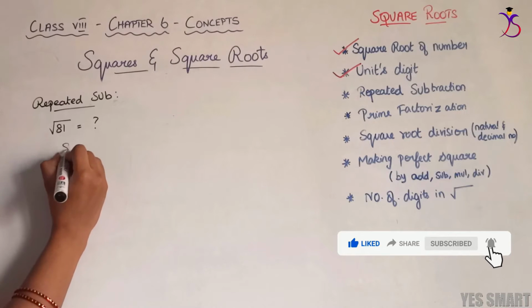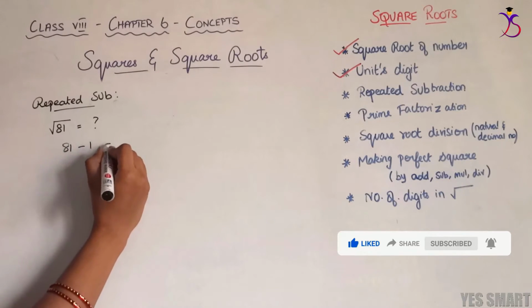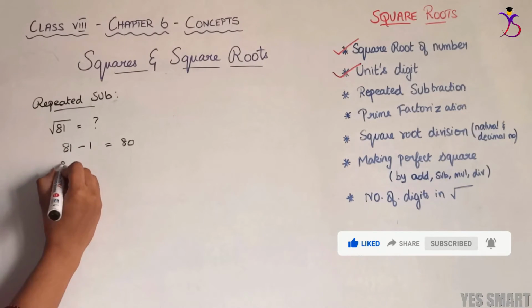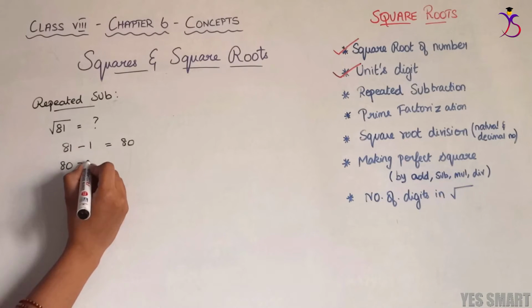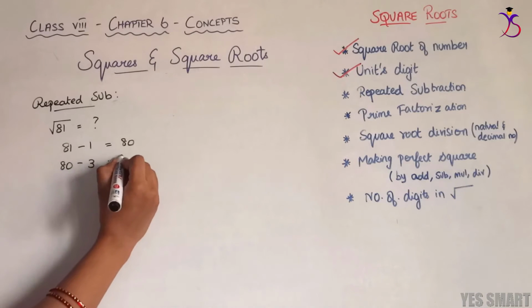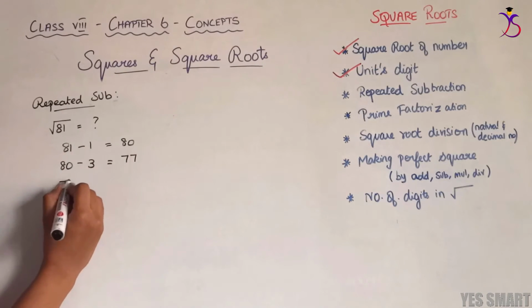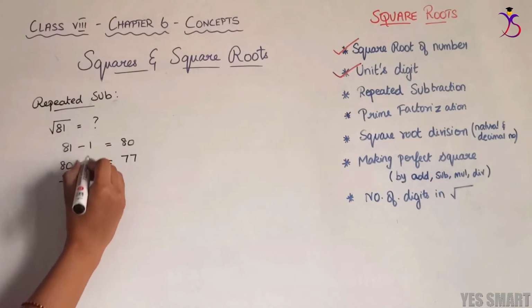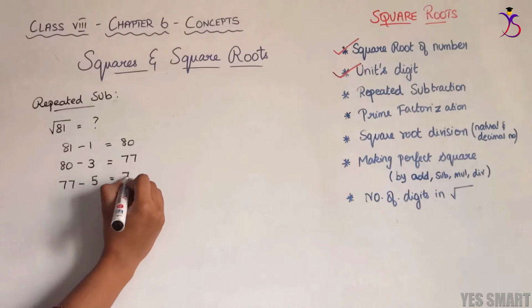So we have to start with 81 minus 1, which is equal to 80. I'm just subtracting the numbers repeatedly with the odd numbers. So 80 minus 3, which is equal to 77. 77 minus 5 equal to 72.